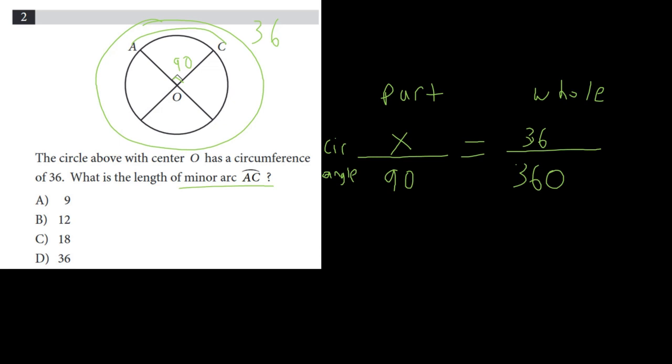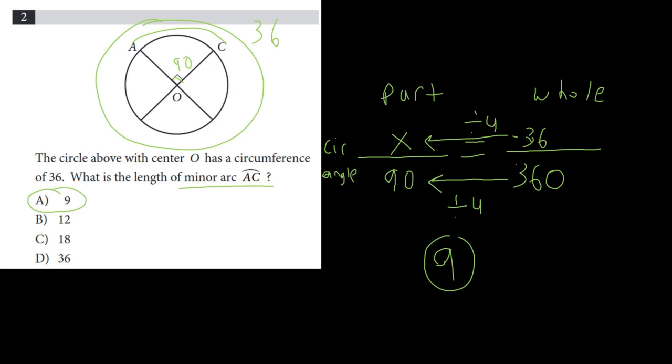We can always cross multiply, but the other way we can do it is recognize the ratios. So to go from 360 to 90, we know we have to divide by 4. So to go from 36, we can also divide by 4. 36 divided by 4 is 9. So the answer would be A.